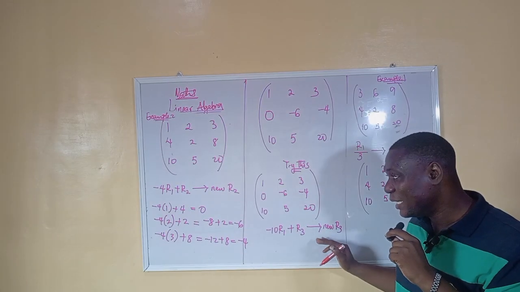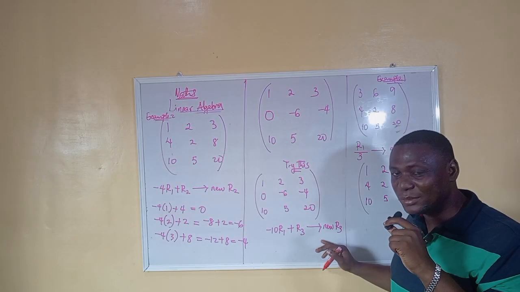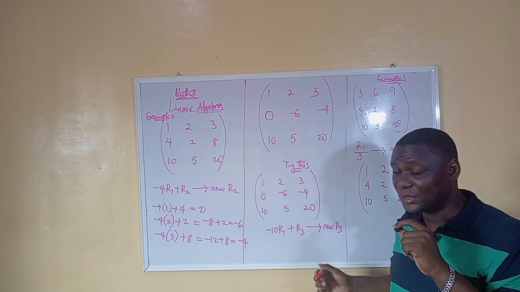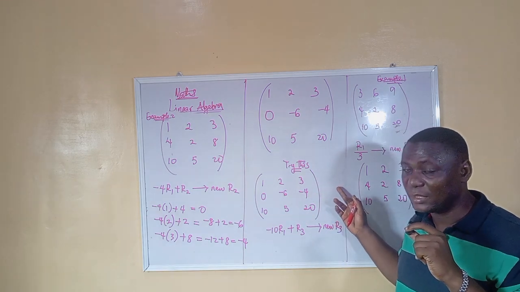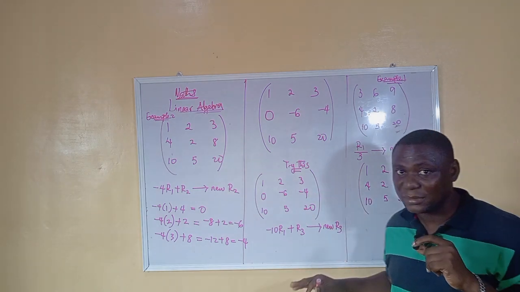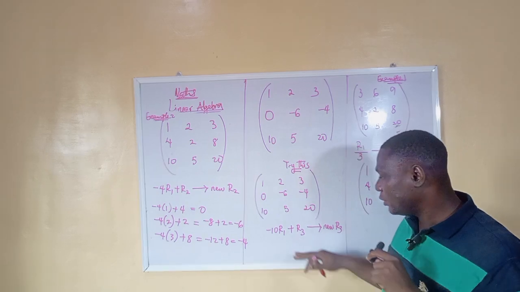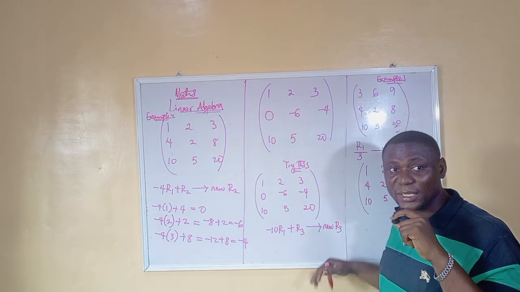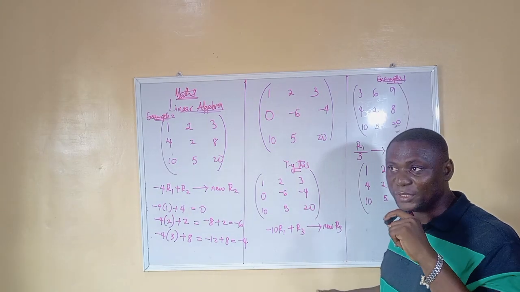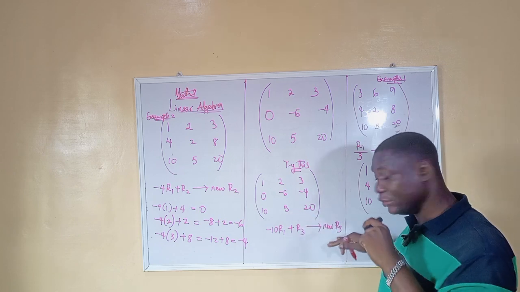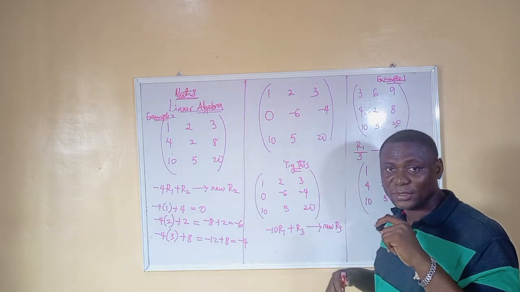Please take note that here only row 3 will change. Row 1 will remain the same. Row 2 stays the same, right? So I want you to attempt this, and you can just tell me the entries of the new row 3 in the comment section. I'll see you.